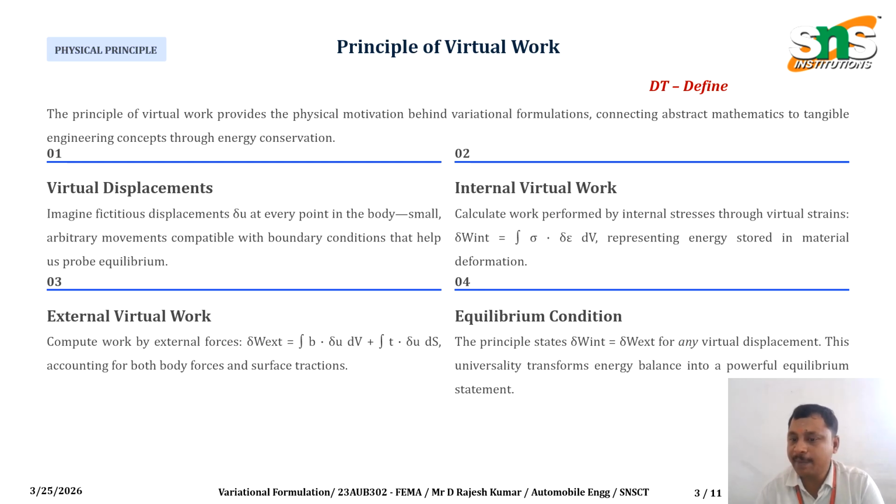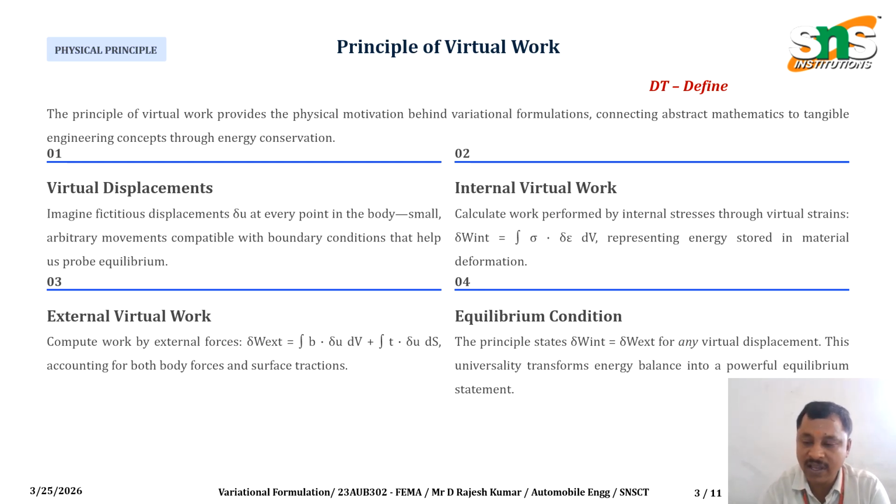Here, B represents the body force, such as gravity or magnetic forces, and these act through the volume. Example: the weight of the structure itself. The second term, T, represents the surface tractions. These act on a surface. Example: pressure on a surface, applied loads. This external virtual work accounts for all external loads, both distributed throughout the body and applied on the surface.